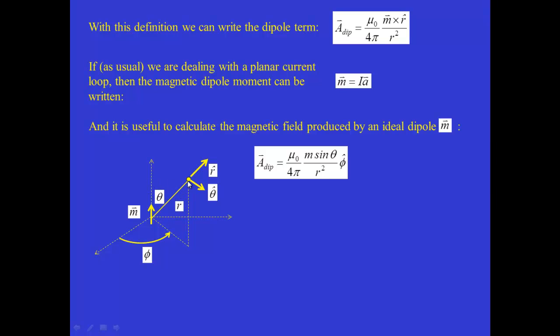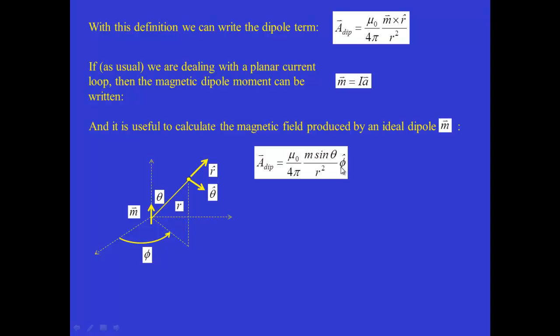But then it's in the vector direction given by the right-hand rule that would be the direction of increase of phi, or phi hat. So again, right-hand rule should confirm for you that m cross r hat is in the direction phi hat. So I replace m cross r hat with m sine theta phi hat.